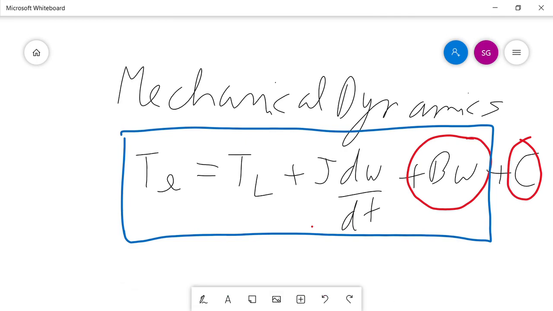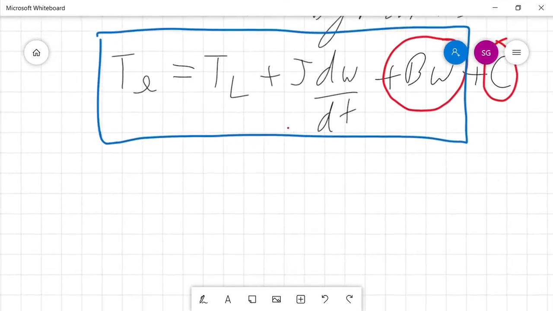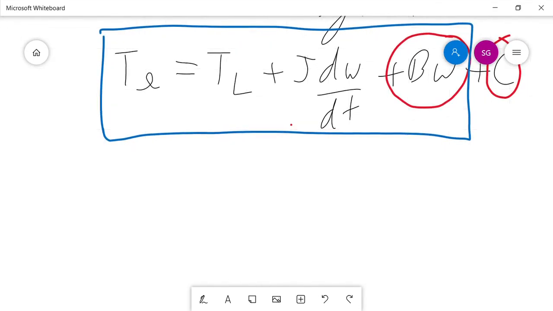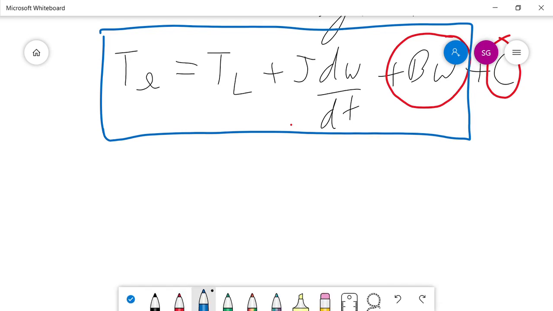Okay, so taking the Laplace transform of this, the variables here are Te, TL, omega. These are variables and the constants are J and B. So the time domain quantities which are variable will be converted into the s domain.